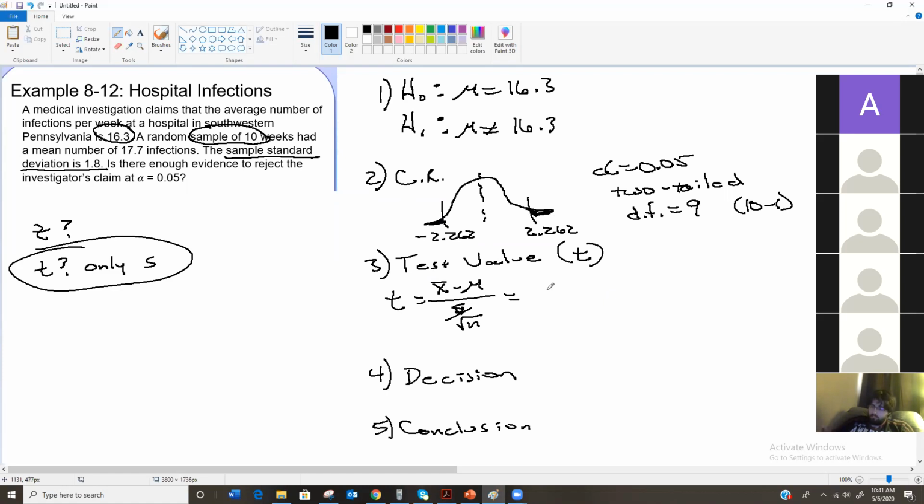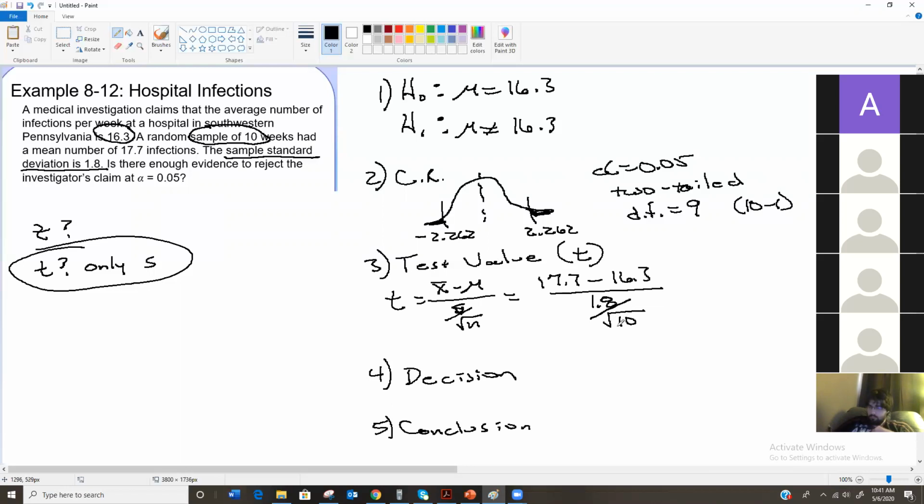All right, so X bar is the 17.7. S is 1.8. And we already said N is 10. Be really careful when you do this that you don't accidentally put the 9 in. It's easy to do.